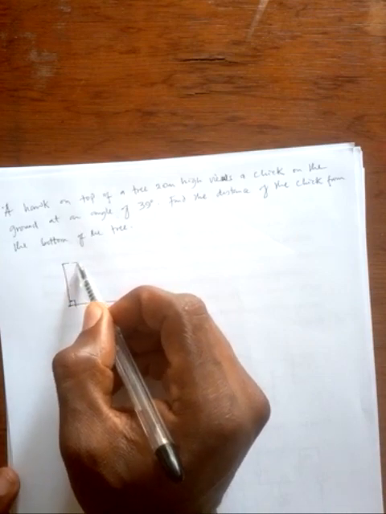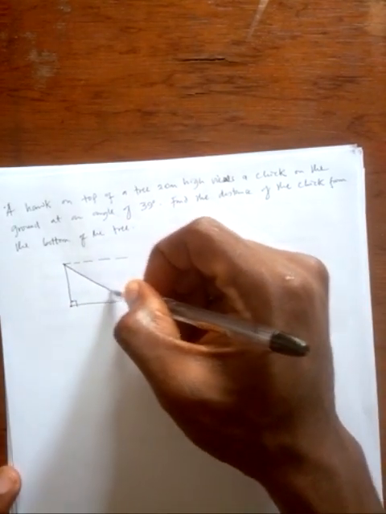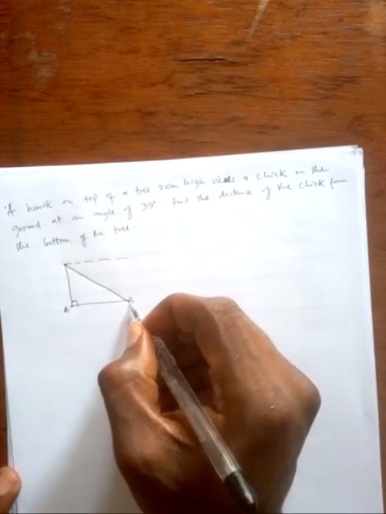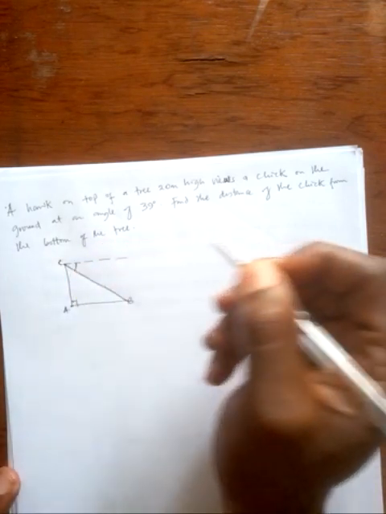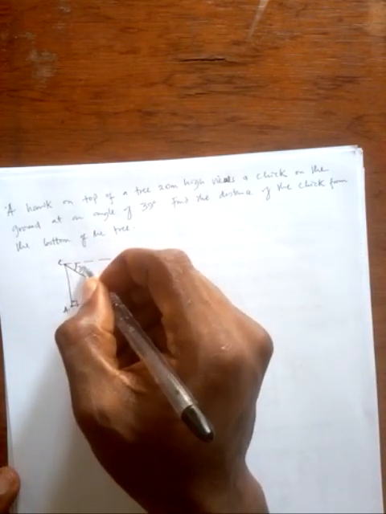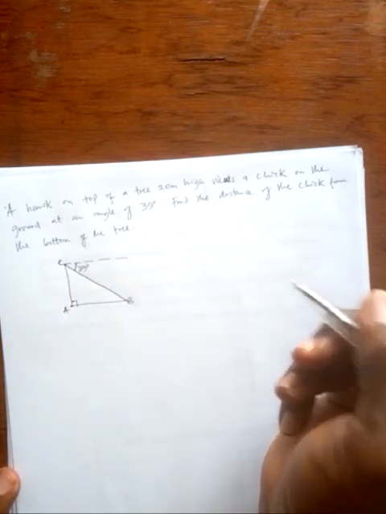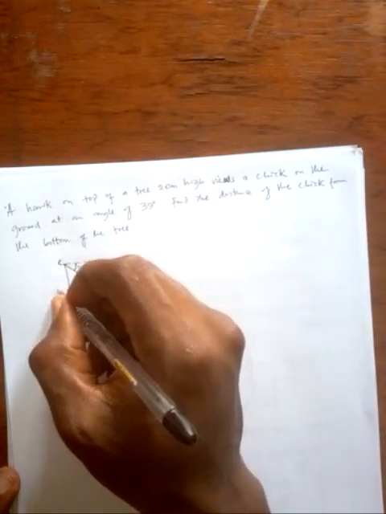This is the line of sight of that hawk. The chick is here. Let's call this A, B, and C. The angle of depression is 39 degrees. The height of the tree is 20 meters.